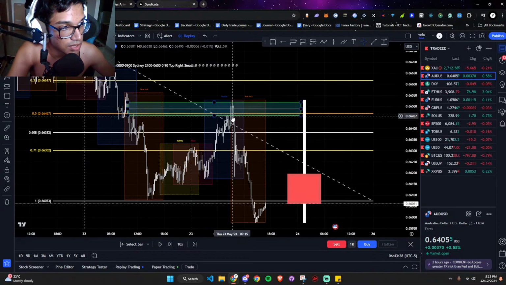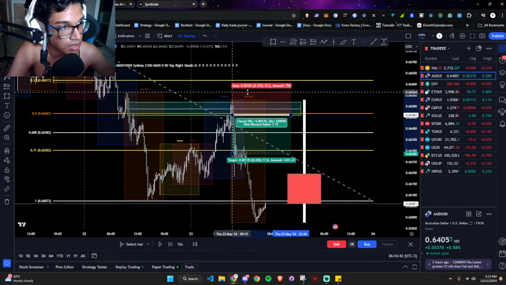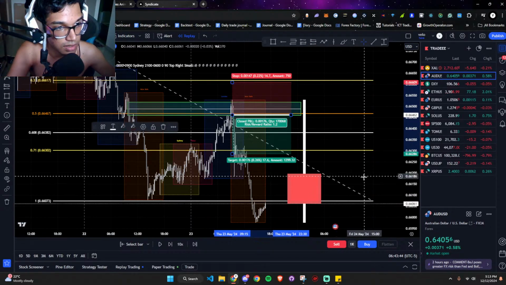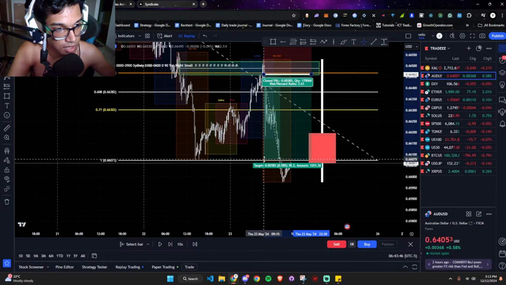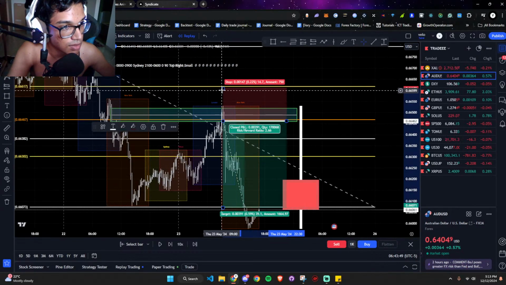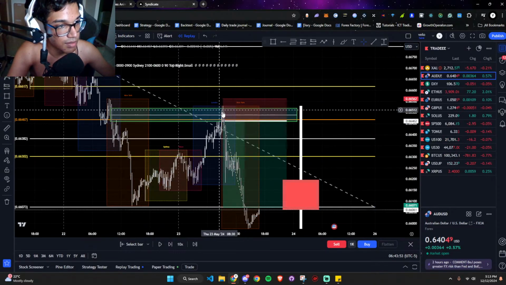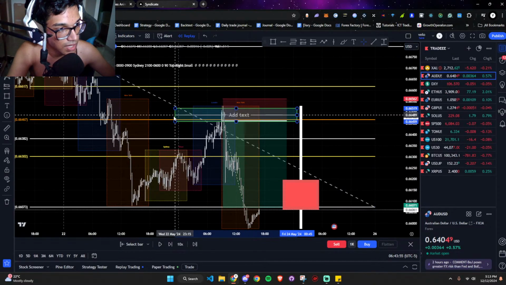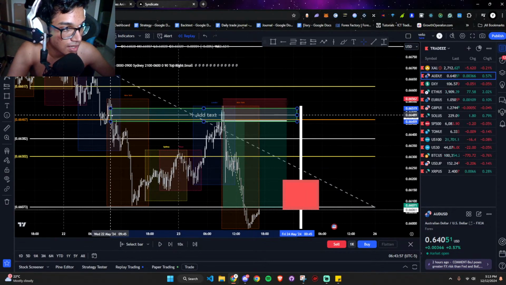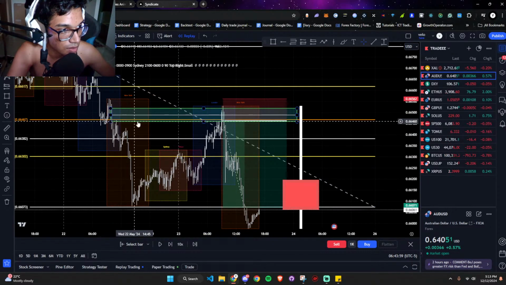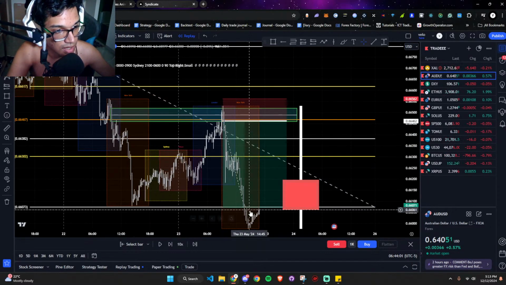Once it closes below this fair value gap, you see how it sells off right here. Boom. Maybe put your stops a little higher, and you can put this right here. If you want to take it towards this, you can do that as well. See, it sold off from there. This inverse fair value gap, this fair value gap technically, it came back, took out all this resting liquidity in this range, and it sold off.